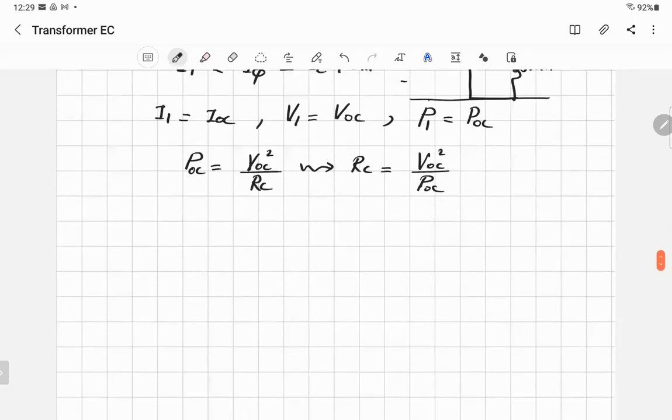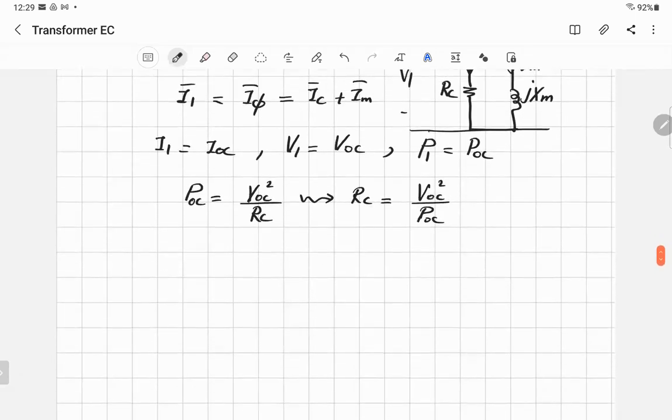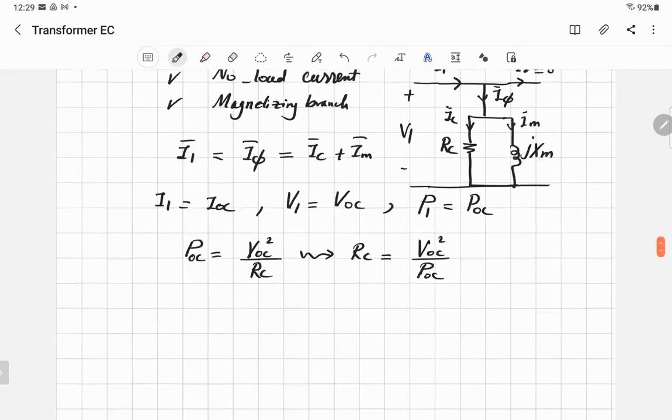So RC is equal to the voltage squared over power. I want to find XM. So XM is equal to the voltage V1 divided by IM. So I would say that XM is equal to the voltage open circuit divided by IM, but I don't have IM. I have only I open circuit, which is I1.